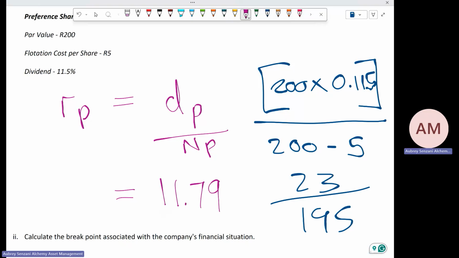This is why we say it's cheaper to raise funds via debt, because we get a deduction. With equity, we don't get a deduction. You see that? Okay. So preference shares fall under equity, although it's not full ownership. Okay. Right. Hey, very good. Learn something every day.